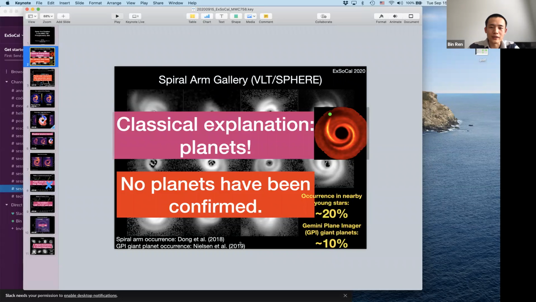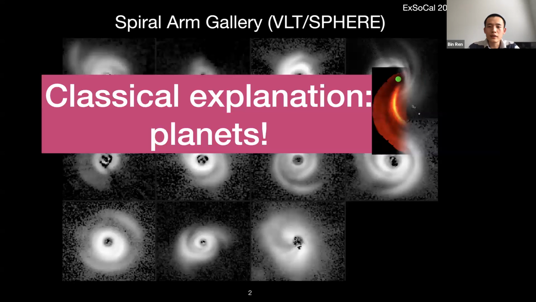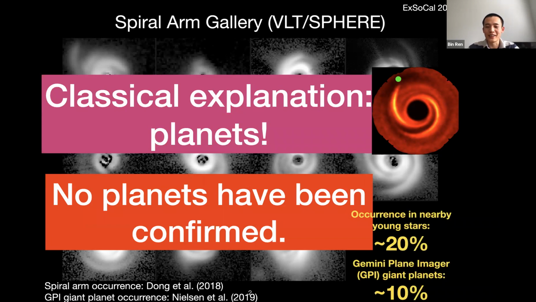That's a good question. So when you see this image, I'm talking about giant planets. The major difference is that if a planet wants to excite spiral arms, it has to be very massive. In current theory, the planet has to be between 5 and 10 Jupiter masses to excite spiral arms.